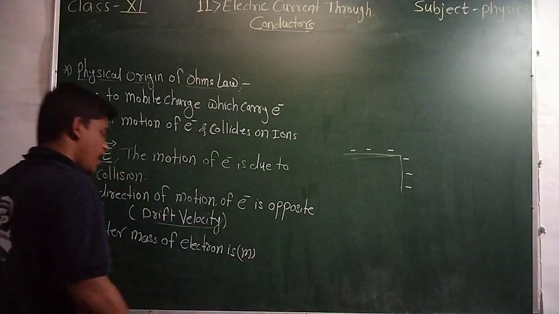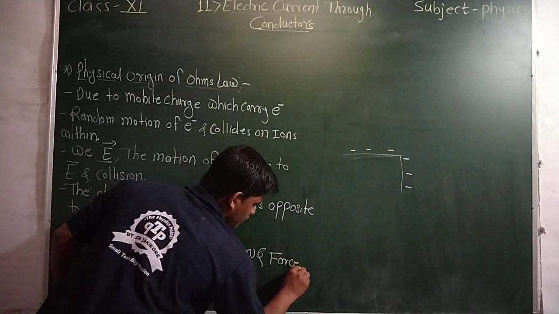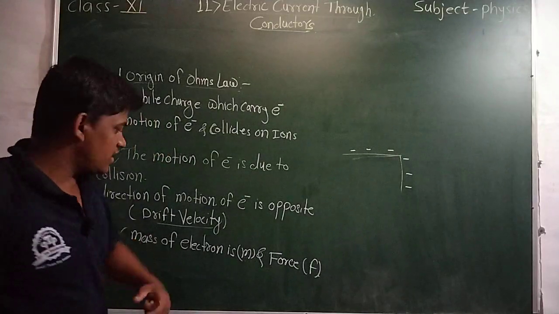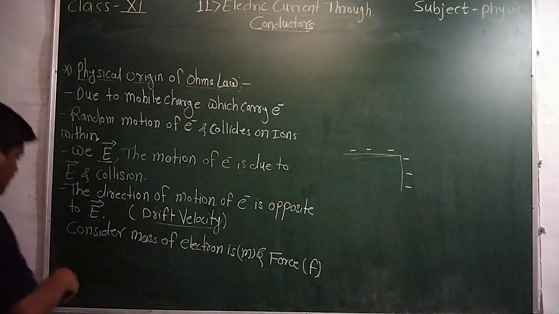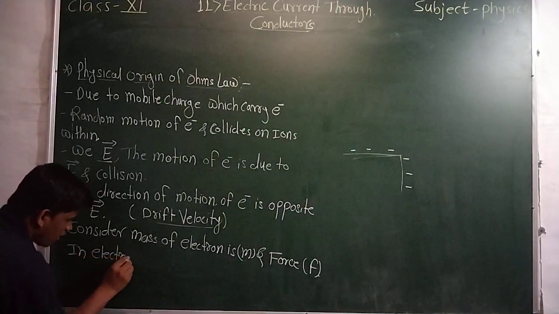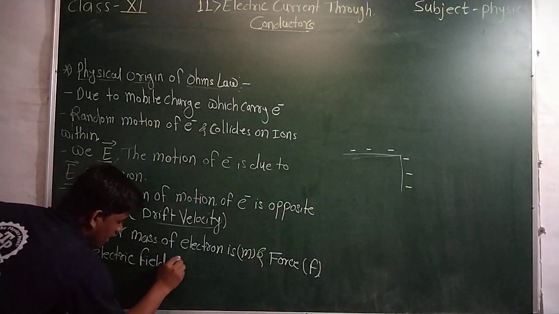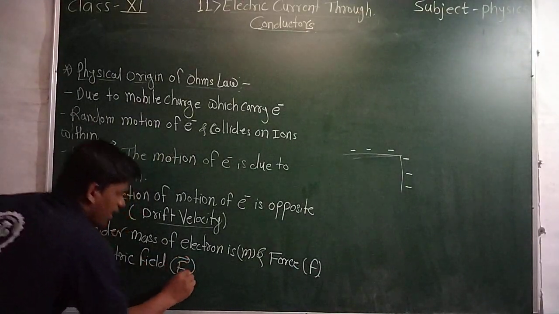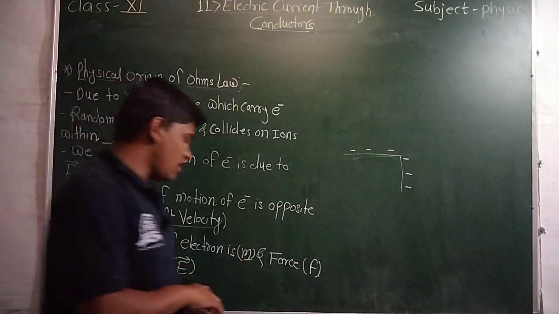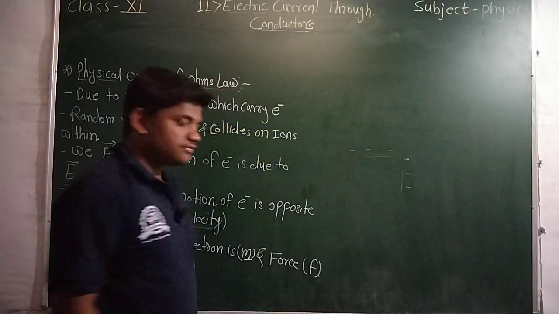It experiences some force F in the electric field, that is E. An electron has mass m, and it experiences some force in the presence of some electric field, that is E.